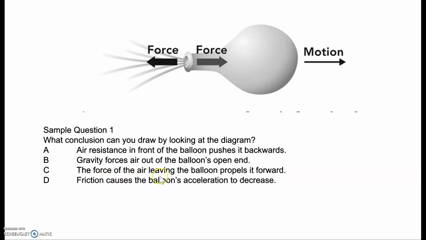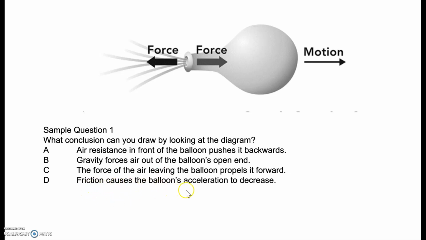C, the force of the air leaving the balloon propels it forward. Now here's a word, propel, that I may not know what it means. I don't need to know what it means. I can see that the force of the air is actually leaving the balloon. I see that in my picture, so I'm going to say for now it's C. I have not read D yet, however.